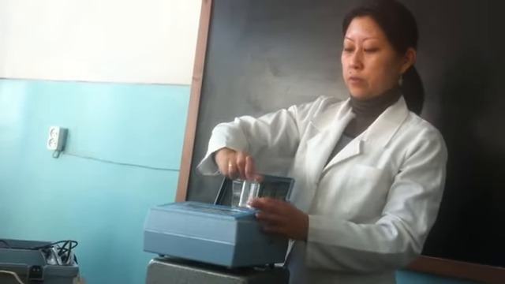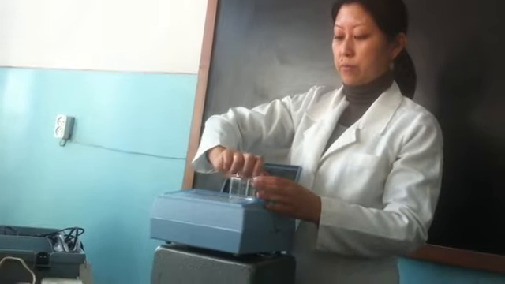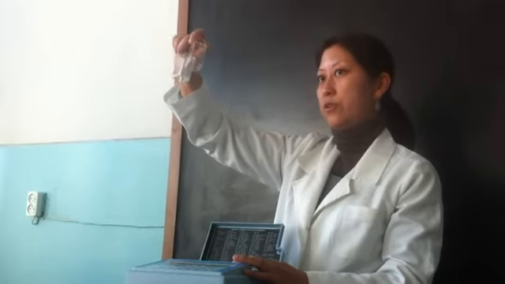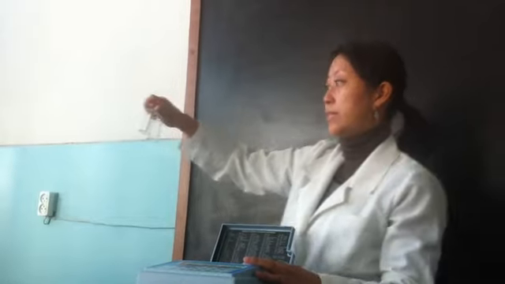How do we do the checking? For the checking, we need two cuvettes, the same cuvette for the control and for your sample. With glass, it's called a cuvette. The volumes of cuvettes can be different, depending on the substance you need to measure.